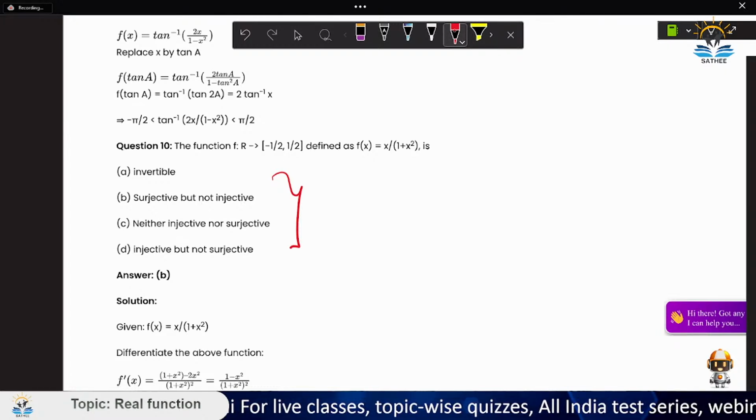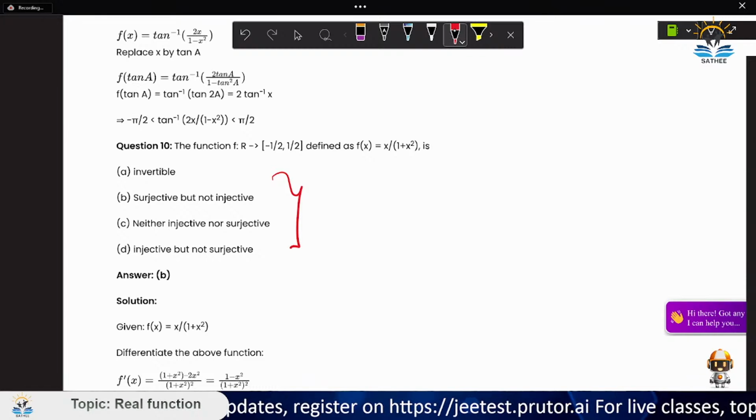By surjective, what we mean by surjective is, just a minute, I'll tell you what surjective is.